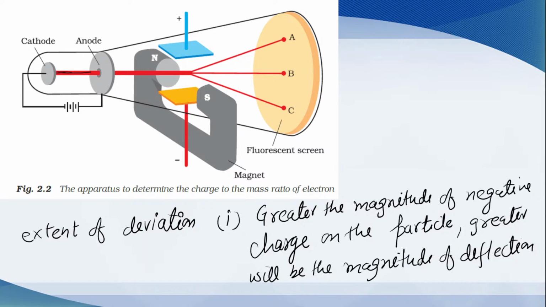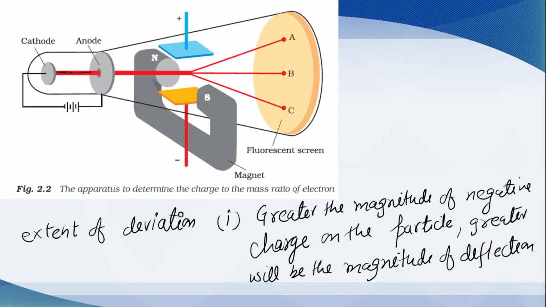But if any negative charge is moving in between the electric or magnetic fields, so greater the magnitude of the negative charge, greater will be the magnitude of deflection. Okay, this is the first observation.